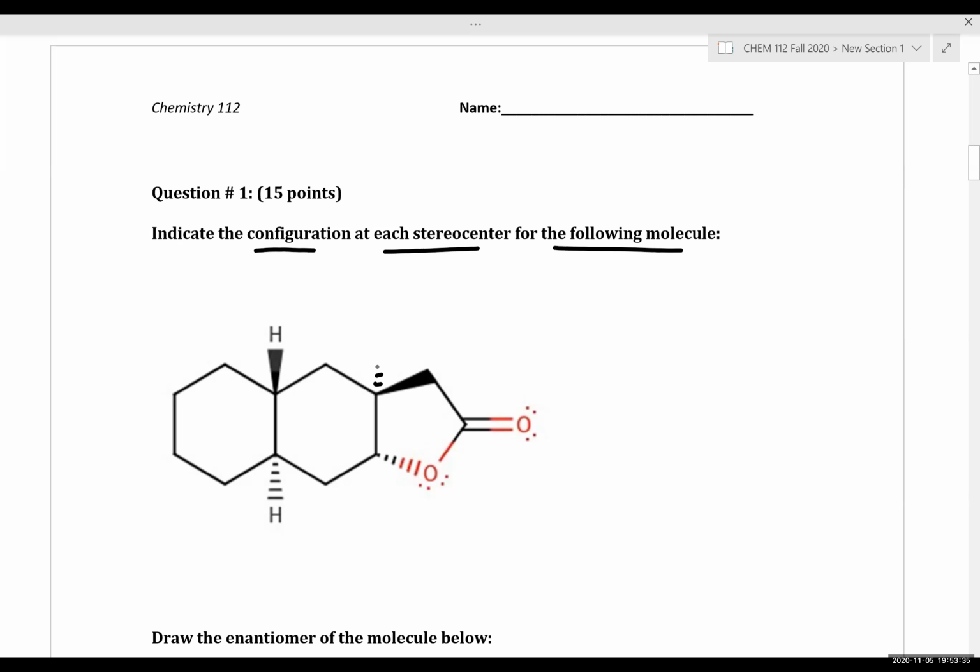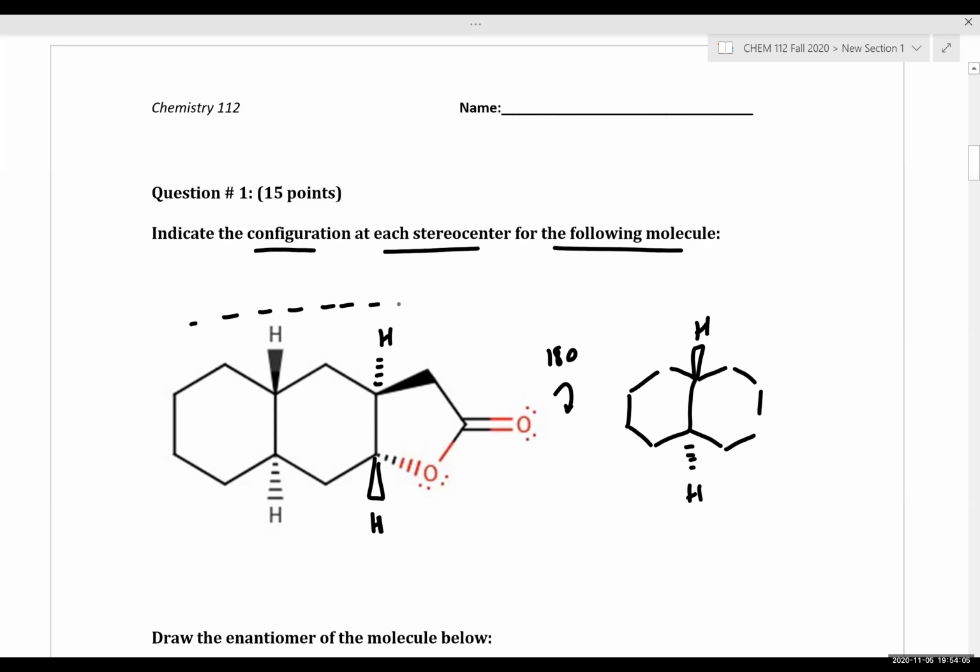So I'm going to draw out all my hydrogens. One trick that I'm going to use is I'm going to take this molecule and rotate it 180 degrees. I'm just going to flip it upside down like a pancake. So we're essentially rotating it along this axis.